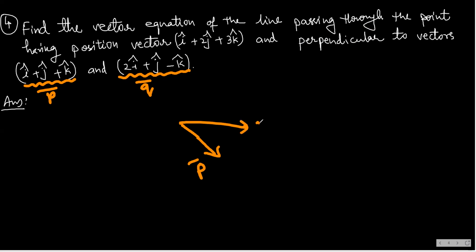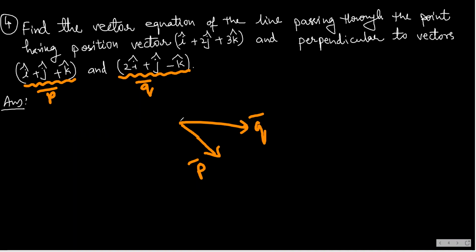My line is in the direction perpendicular to these two vectors. My line is not in the direction of P bar. No, it is not like this. So what kind of direction is my line in? My line is in the direction perpendicular to both.